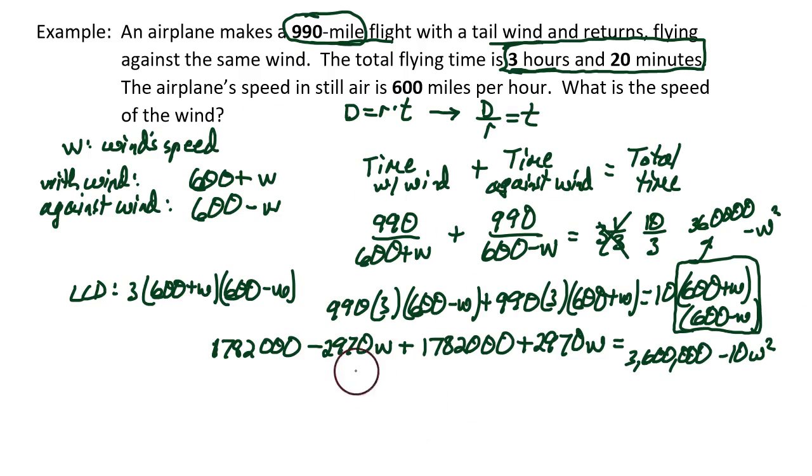Let's do some combining on the left side. The w terms cancel away, and the two constant numbers can be added together. That makes 3,564,000.